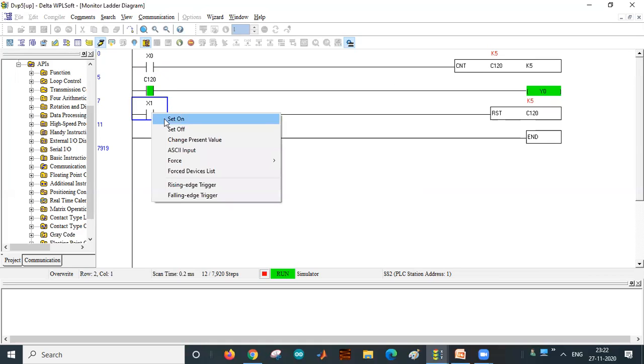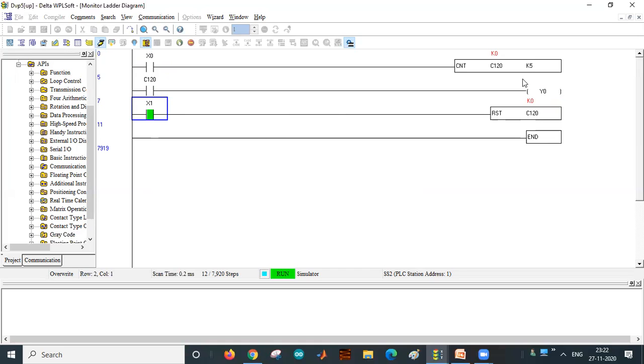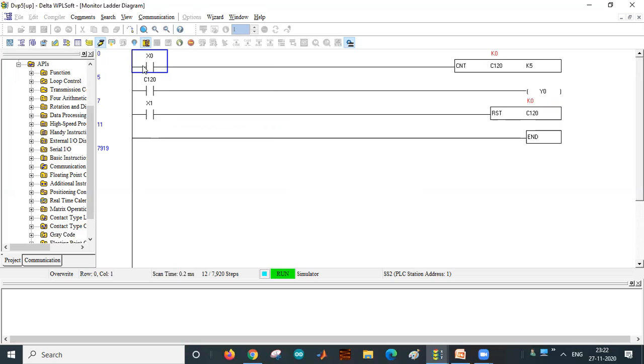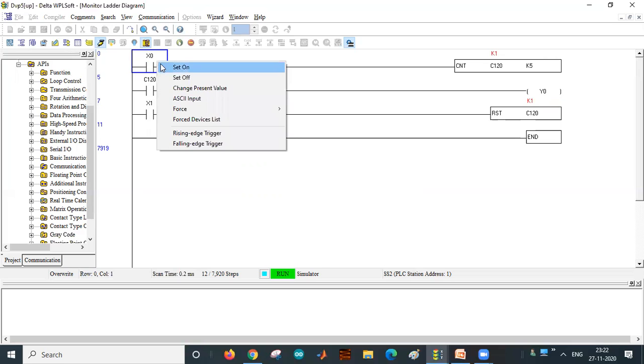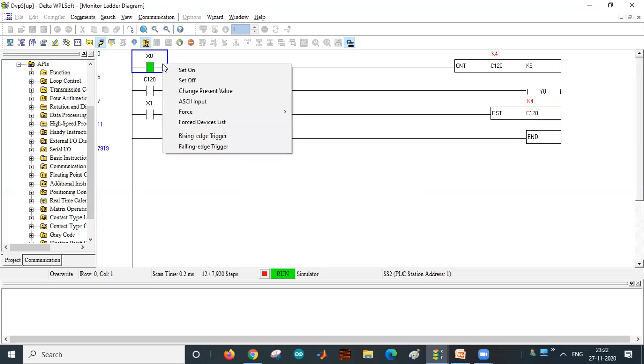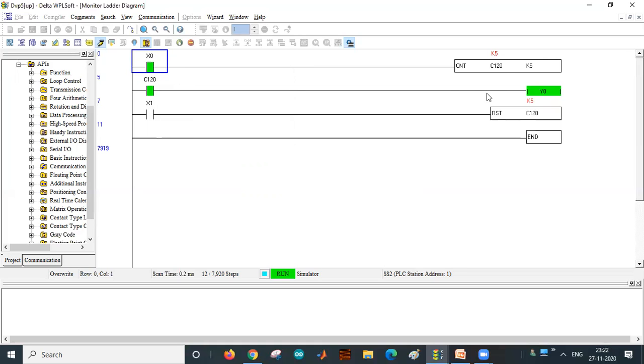You have to switch on your clear button, then it comes back to 0. Now again it will count from 1, 2, 3 up to 5. Whenever it reaches 5, again Y0 will go on. If you want to clear it, you have to press the clear button.